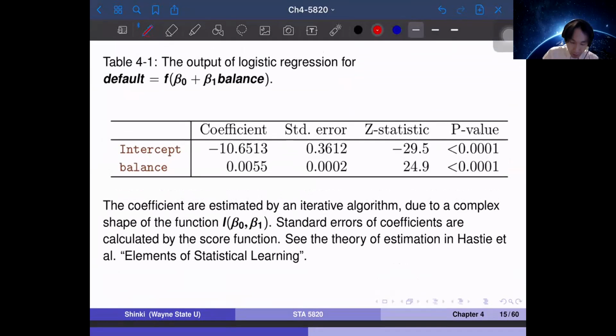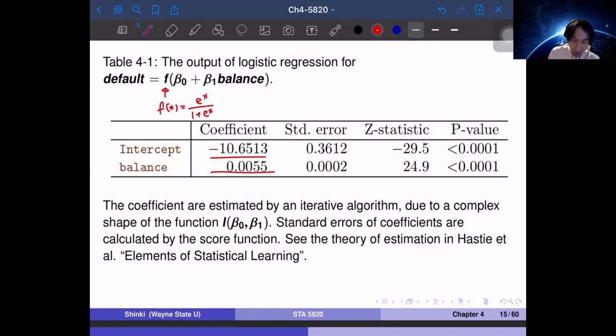And if we estimate in our language, we can get this. The default probability is negative 10.65 plus 0.005 times balance, and we use f. So f of x is equal to e to the power x over 1 plus e to the power x.